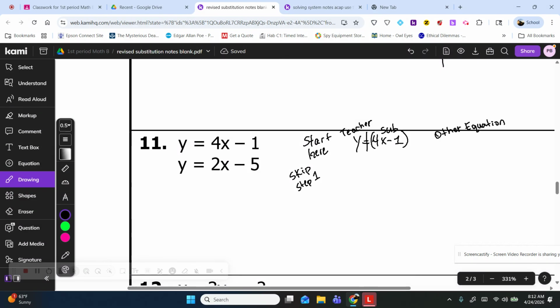The other equation is y equals 2x minus something. Who's going home? Y. Guess what's coming in its place? 4x minus, just in this particular case, they're on different sides of the equal sign, yeah, they are.